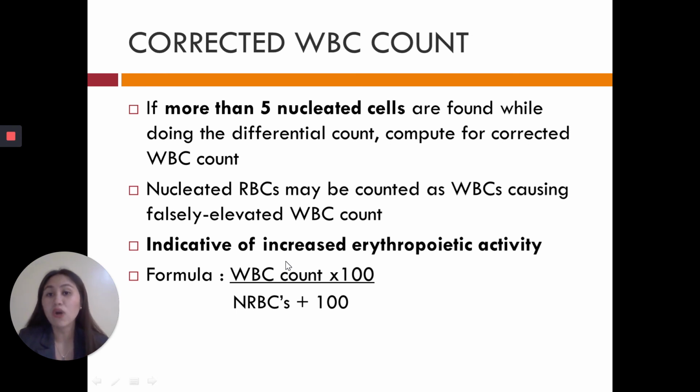And how come a lot of nucleated RBCs or immature RBCs are coming out from the bone marrow? That is an indication of increased erythropoietic activity. So that's all for the lecture discussion of leukocyte differential count.